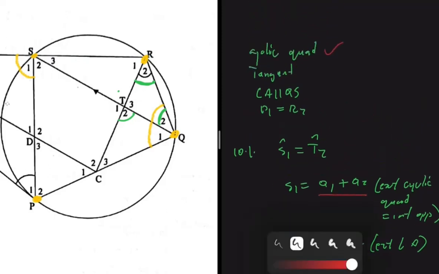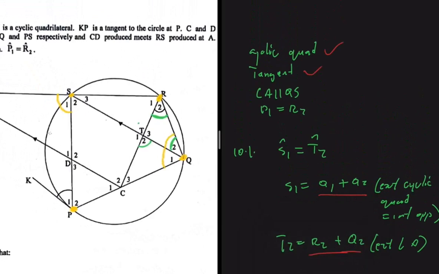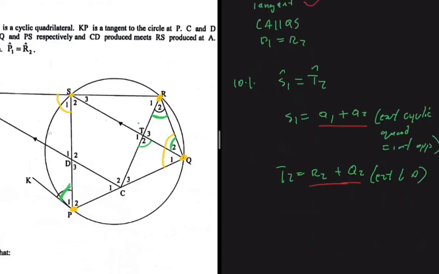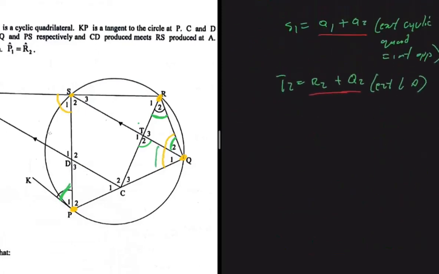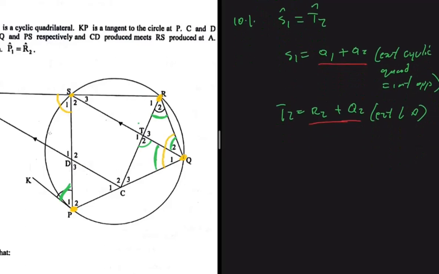Let's go to our next keyword. We have the keyword tangent, right? Let's see what it can give us. From the keyword tangent, we will see immediately that P1 here is supposed to be equal to Q1, right? Because of the tan chord theorem. So let's write it down.